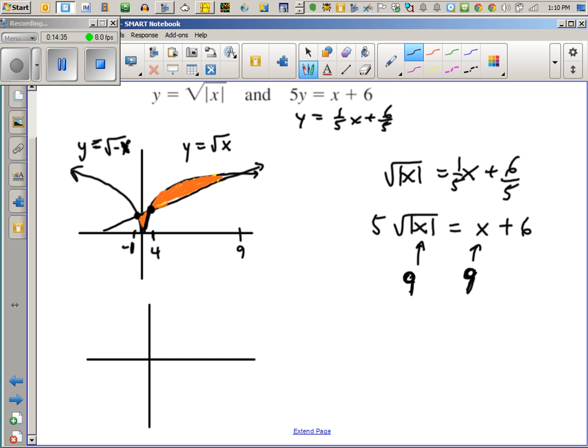Let's put our contact points on now. So we have the point 1, 1, and we have the point basically 4, 2, and the point 9, 3, and this curve.